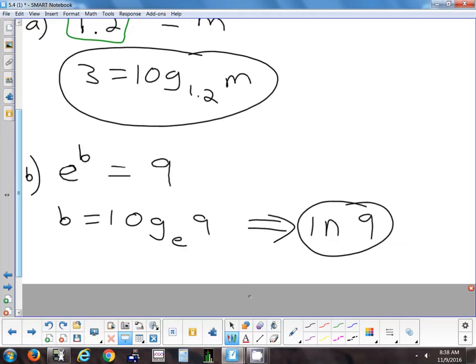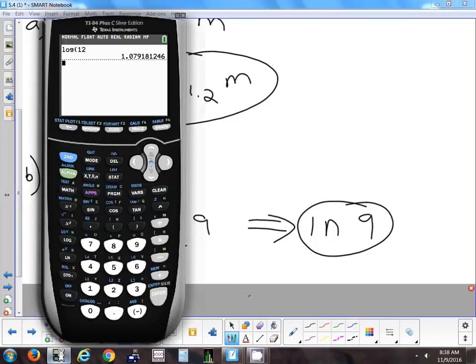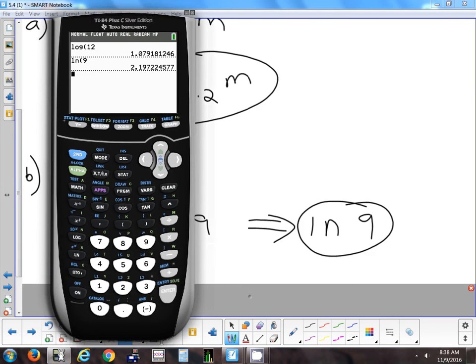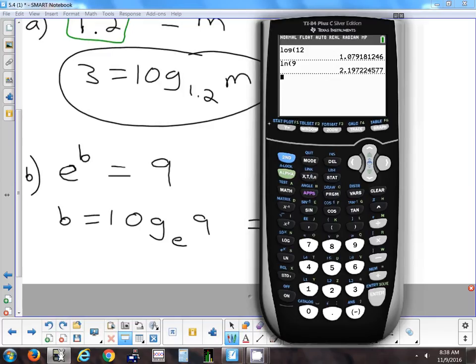And this is a problem that you would want to do what we just did. Okay, so if I asked you to solve this equation, the answer is the ln of 9. Okay, so if you wanted, you could just type in ln of 9 and get 2.197. So in other words, if you take e and you raise it to the 2.197, you get 9.